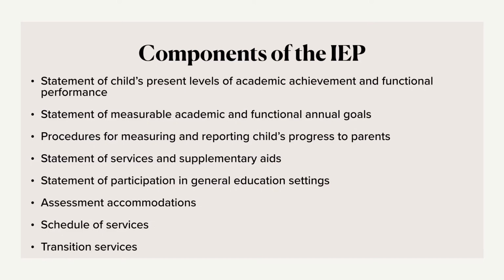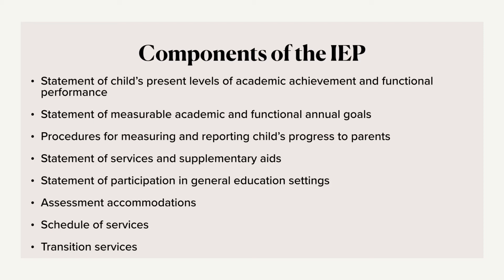So here are the components of the IEP. We start with the statement of the present level of academic achievement and functional performance of the student. And then you have the statement of measurable academic and functional annual goals.